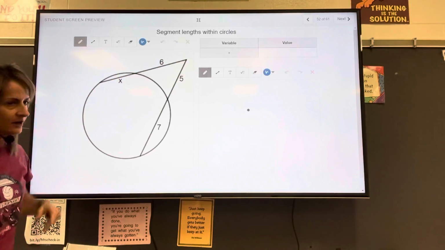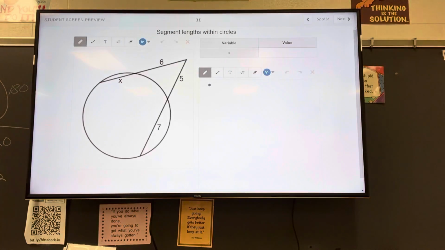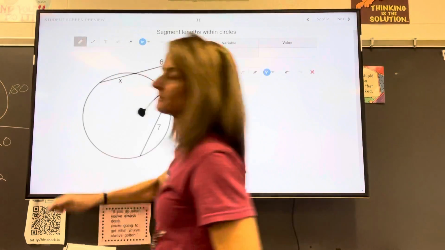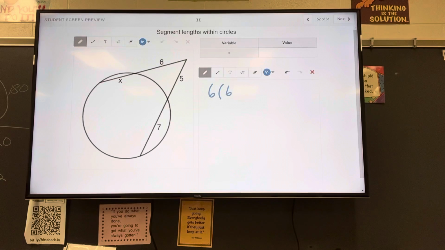So how do we write that out? 6 times the entire length is 6 plus x. Equals, on the other side, 5 times the entire length, 5 plus 7, 12.